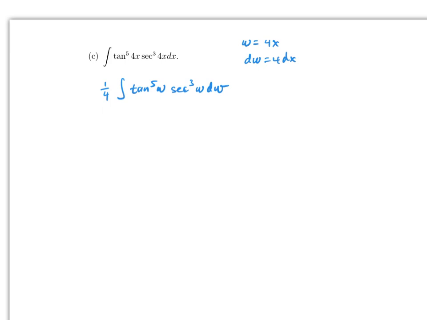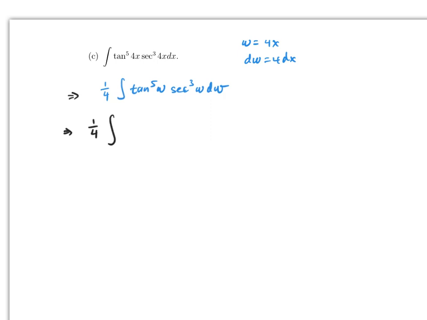This is very similar to one of the questions of the participation. So you have two choices to rewrite this. You either have a secant squared out, and the substitution is tangent, or you have a secant tangent, and the substitution is secant. And in this case, that's what is going to be the substitution.